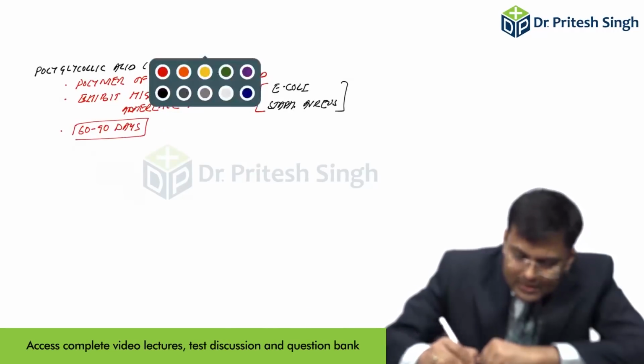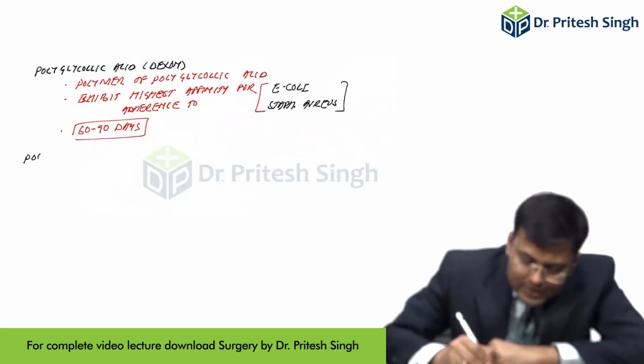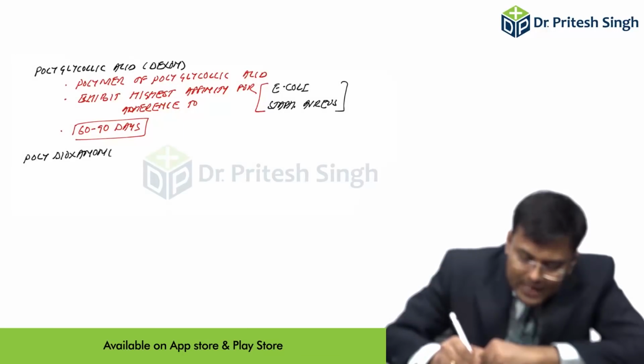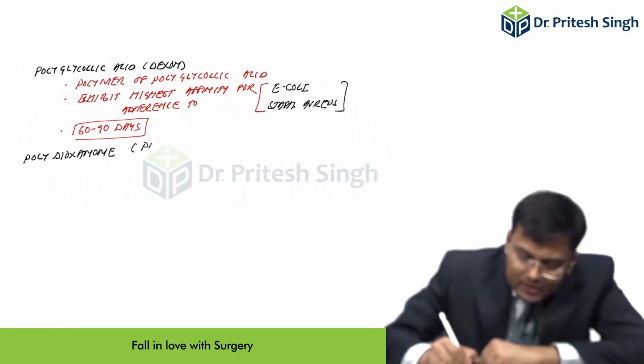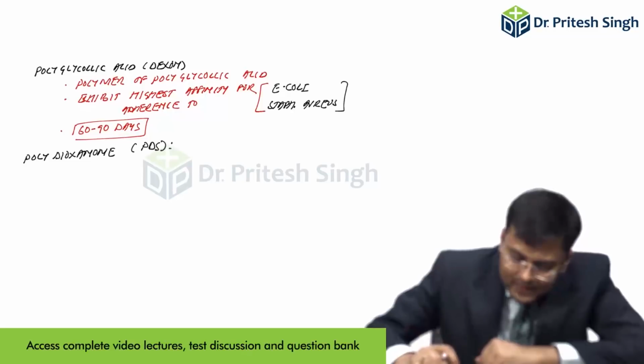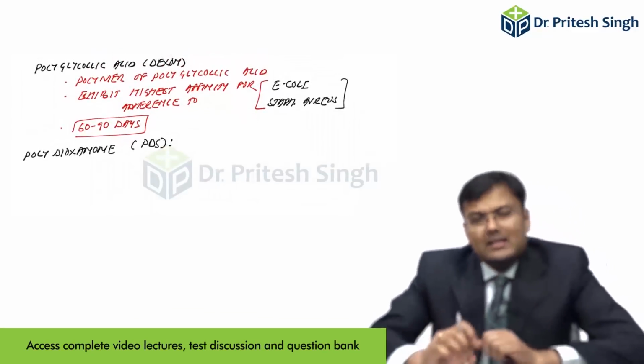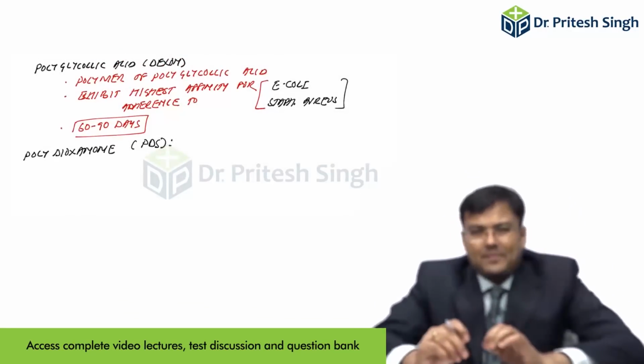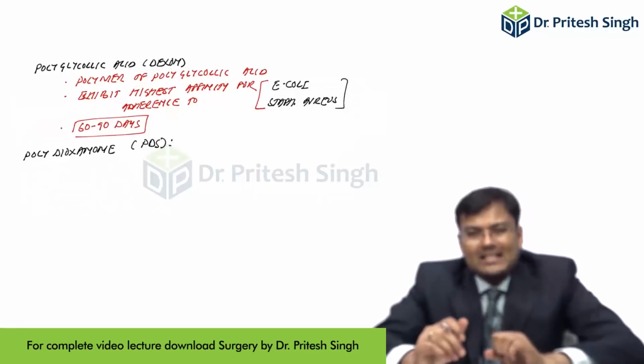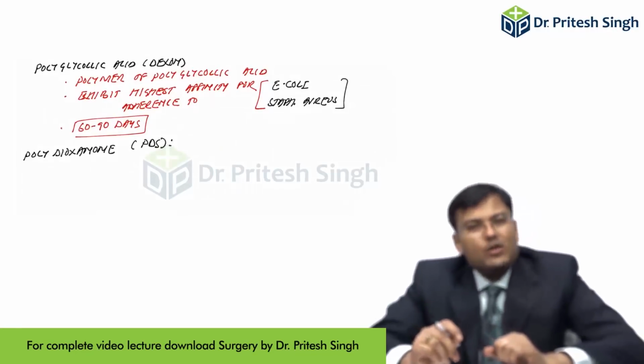Next important is polydioxanone. The other name of this suture is PDS. And see, Dexon has the highest affinity for adherence to E. coli and Staph aureus.